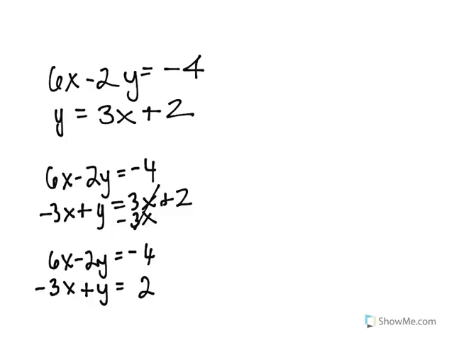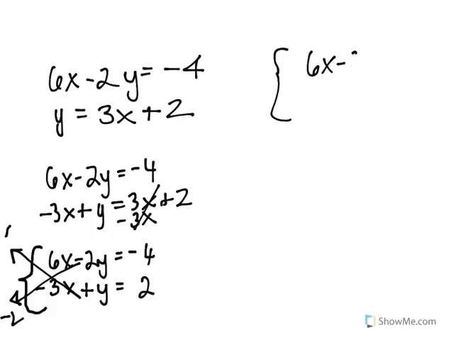So now I want to eliminate one of my variables, right? So I'm going to try to eliminate the y variable, okay? So I'm going to bring the -2 down here. I'm going to bring the +1 up here. So I have +1, -2. 6x minus 2y equals -4.